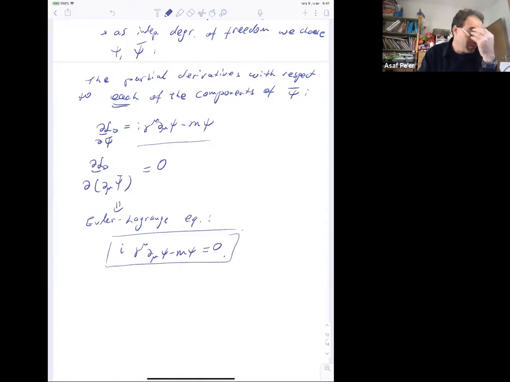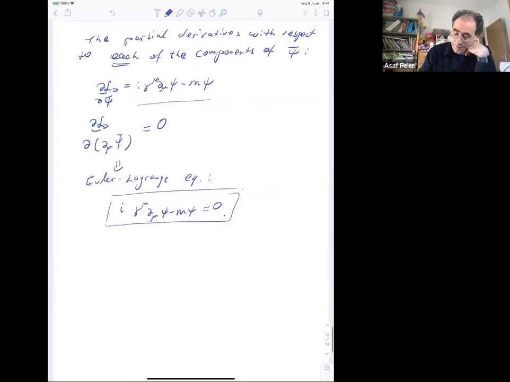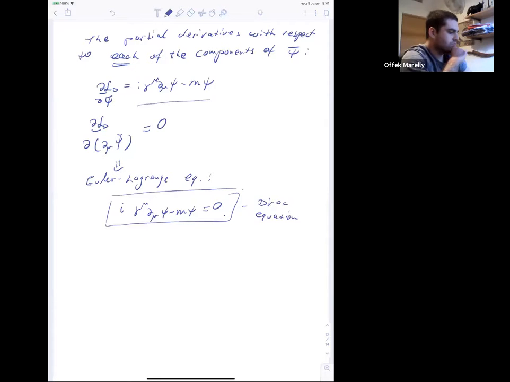What equation is that? The Dirac equation. Dirac. Thank you. This is the Dirac equation. Right? You all see that? Question?